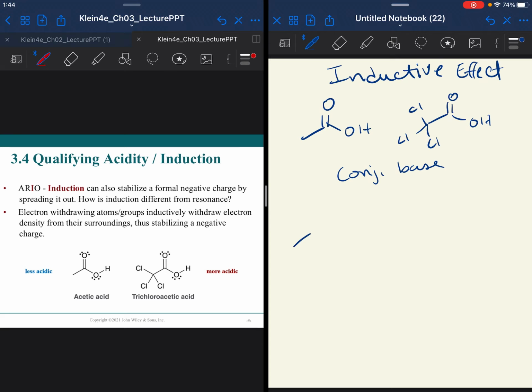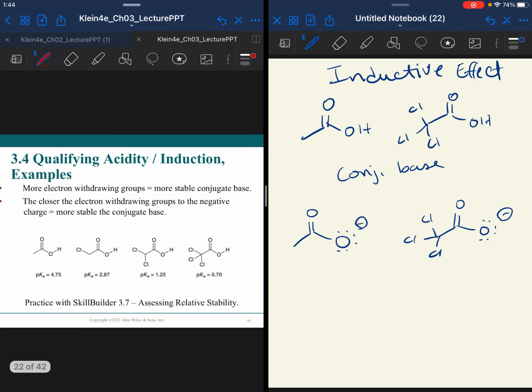Conjugate base. You are going to remove the proton from the acetic acid. Have a negative charge. You are going to remove it from the trichloroacetic acid, negative charge. The charge is on an oxygen in both cases.